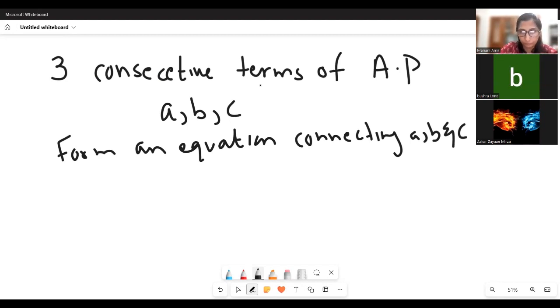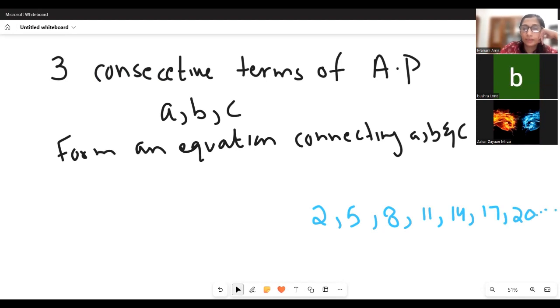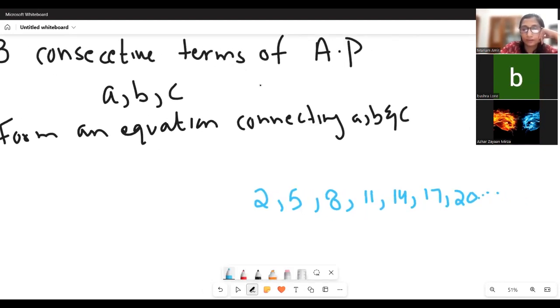Let me just write a random sequence. Let's say it starts with 2, then 5, and so on. Let's take any 3 consecutive terms. Let's take these 3.